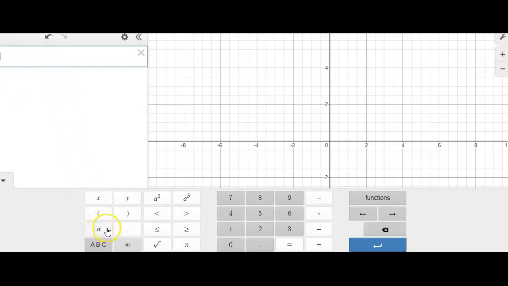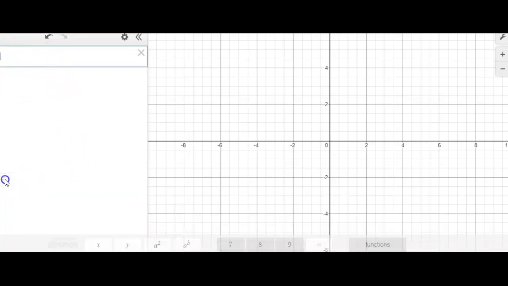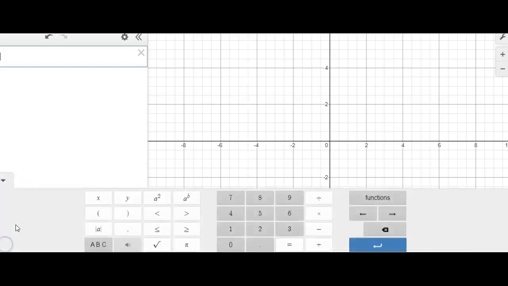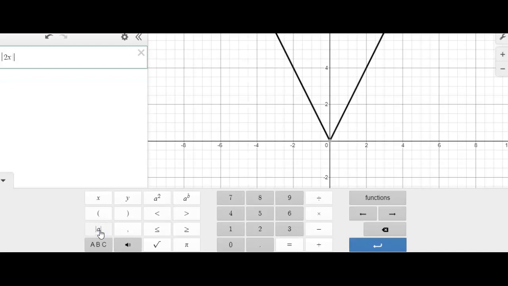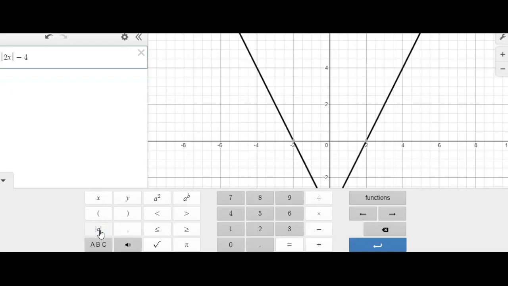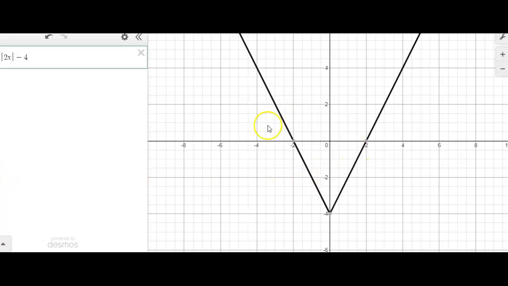Absolute value is right down here. If you don't see your keypad, you can open it up. Absolute value of 2x, subtract 4. I'm going to get rid of my keypad. Here's my graph. I just need to copy this graph onto my graph in my notebook.